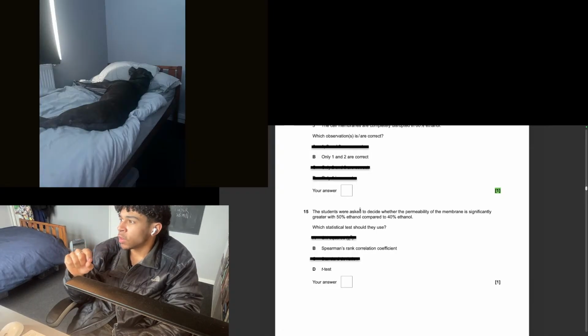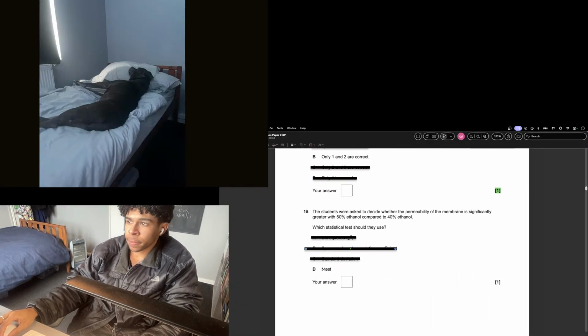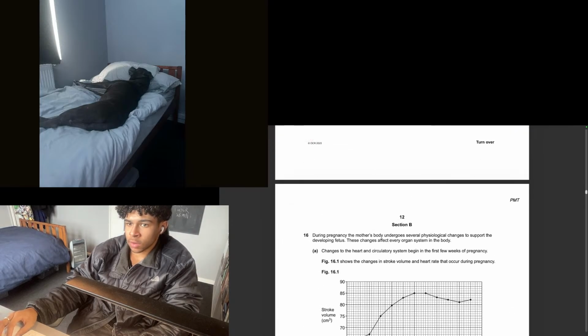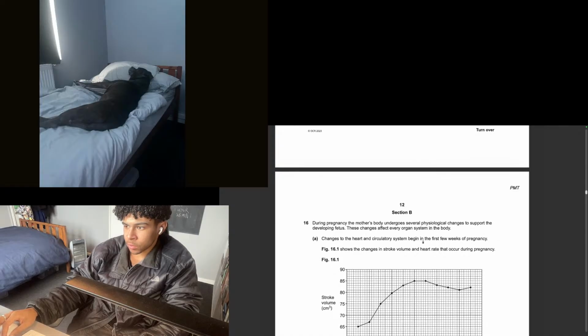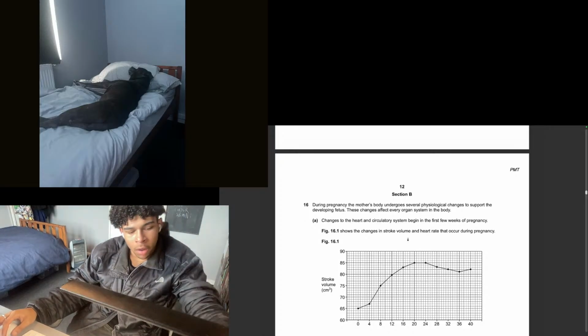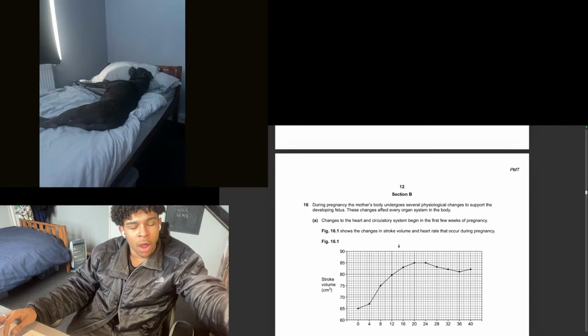No, you just use it to see if it's proportional against something. I'm 90% sure it's just a t-test. It's good to know. No, it's not good to know because it biases judgment, but a lot of these are actually just t-tests. Stroke volume.